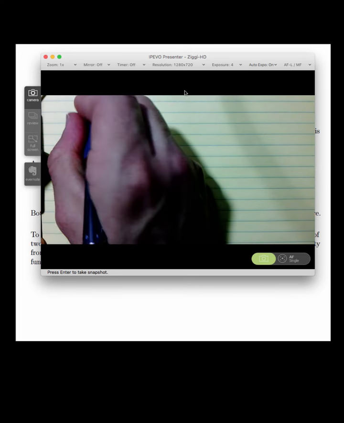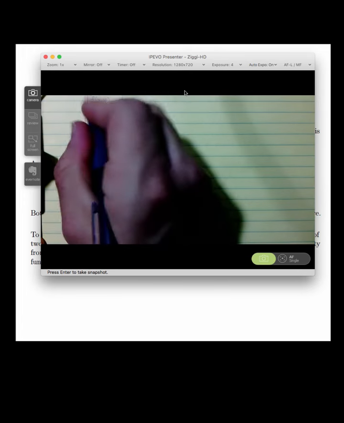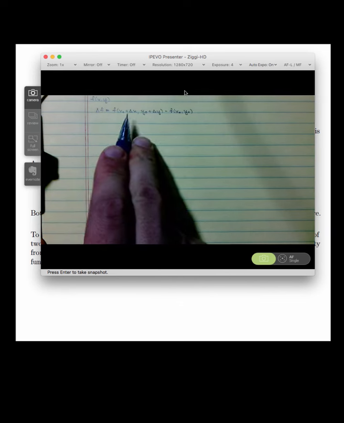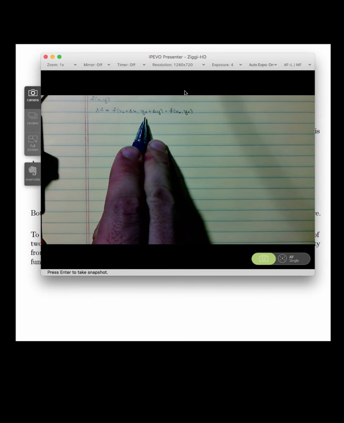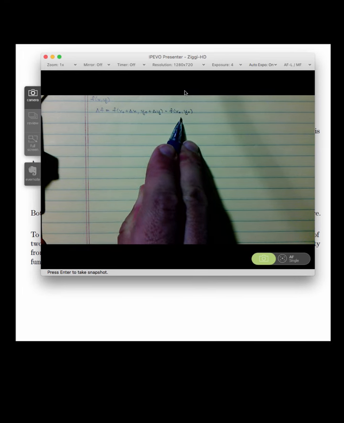So to this end, for a function of two variables, f of x, y, let's take delta f to be the difference between f of x naught plus delta x, comma y naught plus delta y, minus f of x naught, y naught.